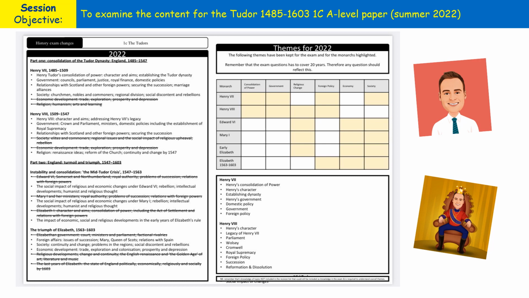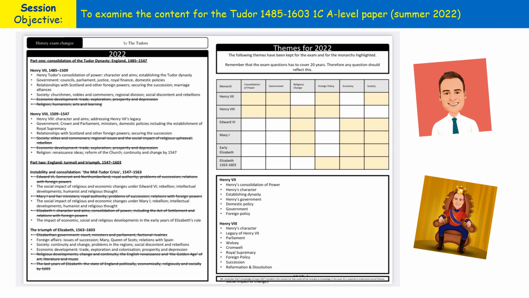Here we have a grid of the different themes that will be appearing in the Tudor A-level paper for the summer of 2022. And on the left-hand side, we have a list of all the themes that will be included, as well as those that have been removed by AQA in the spring of 2022 due to the COVID pandemic.